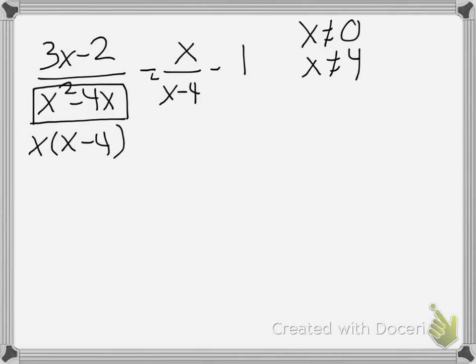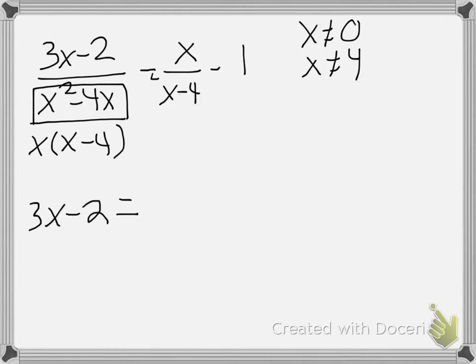All right. So now, where do I go from here? I have x times x minus 4, I have x minus 4, and I have 1. My least common denominator is going to be this x times x minus 4. So everything gets multiplied by x times x minus 4. If I multiply the first one, I end up with just 3x minus 2.